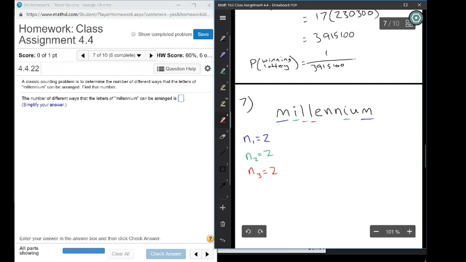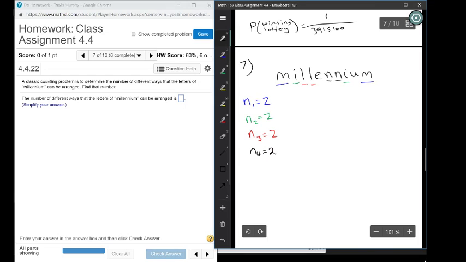And it looks like E and U are the only letters that show up exactly once. So N and N is repeated twice. But in total, write that up here, is the number of letters in the entire word. So 1, 2, 3, 4, 5, 6, 7, 8, 9, 10.